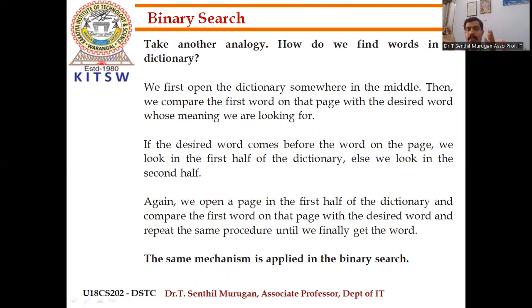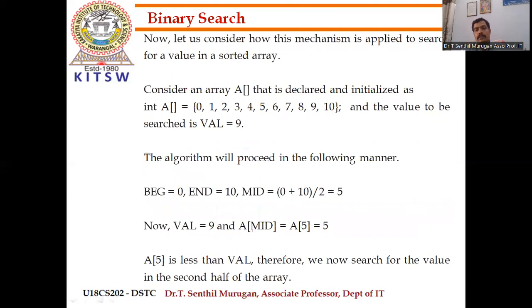If it is in the left part, we take only the left side and again split it into 2, and check the first word in the dictionary to see if it matches. Like that, you continue until you find the correct word. The same method is used in the binary search method.